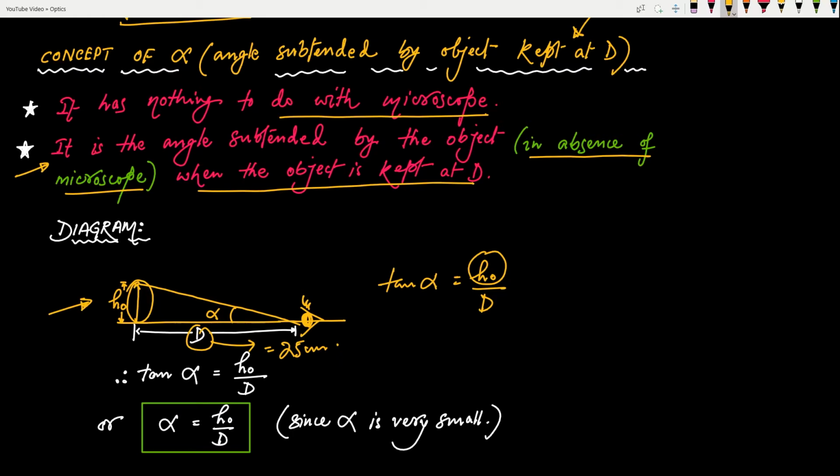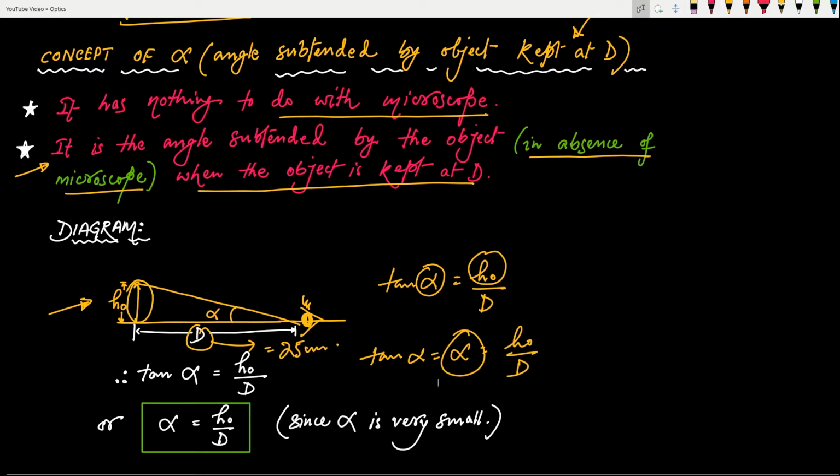Therefore, we can say that alpha is basically constant for a particular object. And since we know the object that we are using is very small, therefore the alpha will be very small. That is, the angle subtended by that very small object will also be very small. Therefore, we can say that tan alpha can be written as alpha is equal to h naught by d, since alpha is very small. I hope the concept is clear.